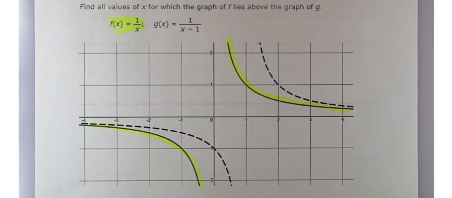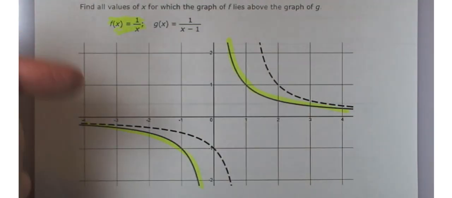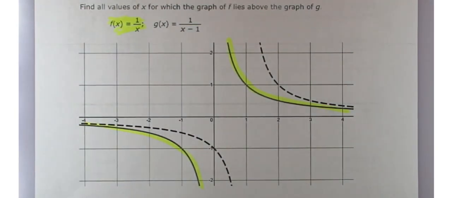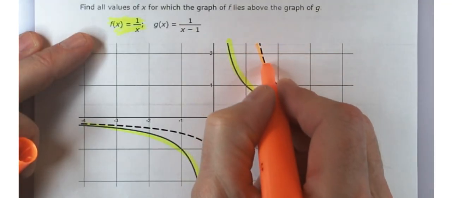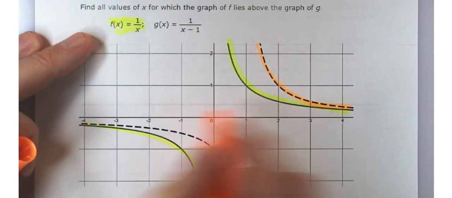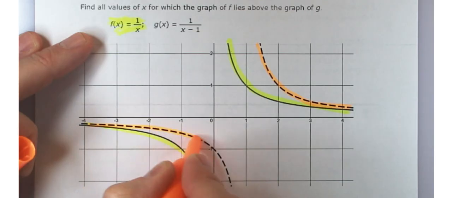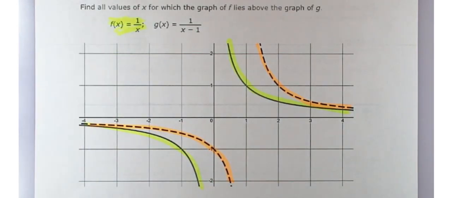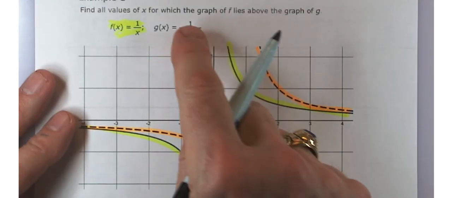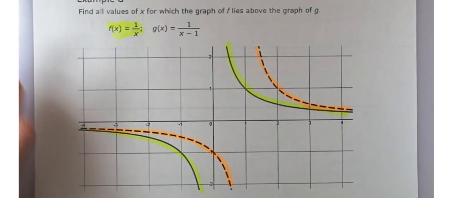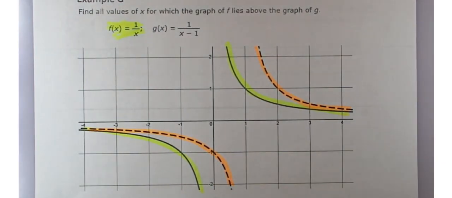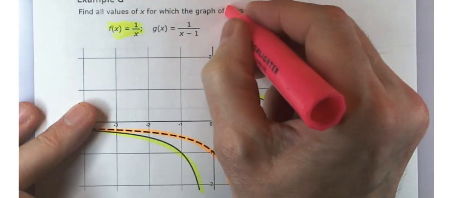This is why I'm suggesting that when you do these types of problems, we're just going to do it by testing points. The graph here is really difficult to work with, even for myself. I remember looking at this when I was getting the handout ready and going, I'm glad we're testing points on this one. Now, there's a little bit extra work here because I want to know where the graph of f lies above g. What that's going to translate to is something like this. F lies above g.